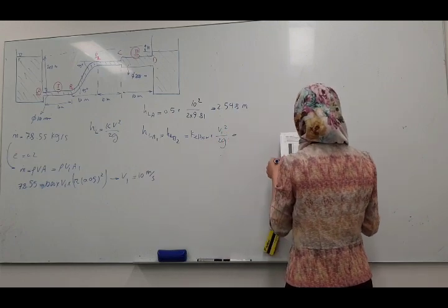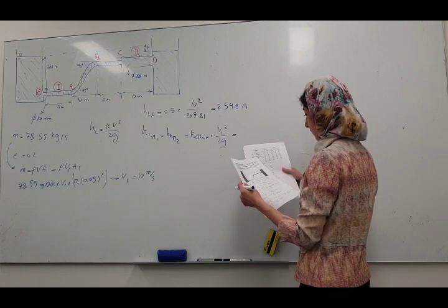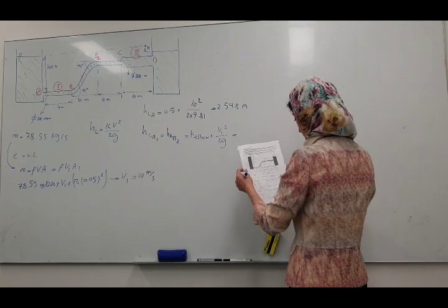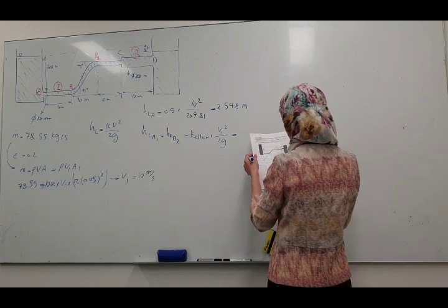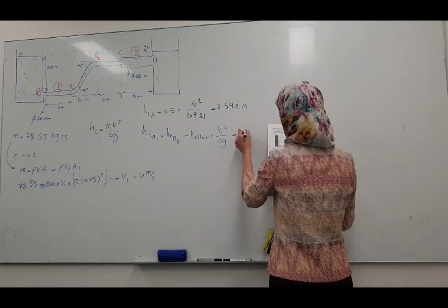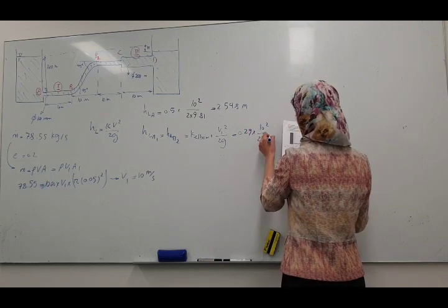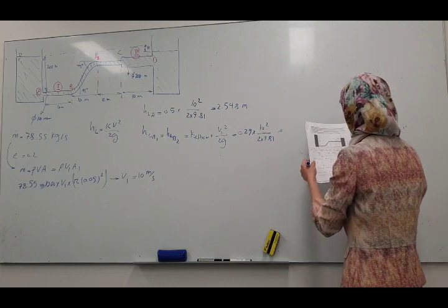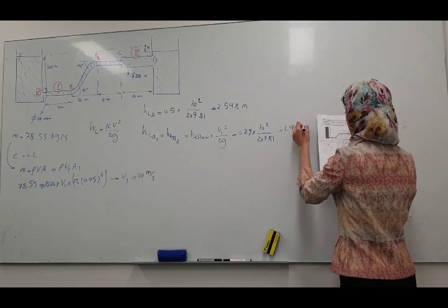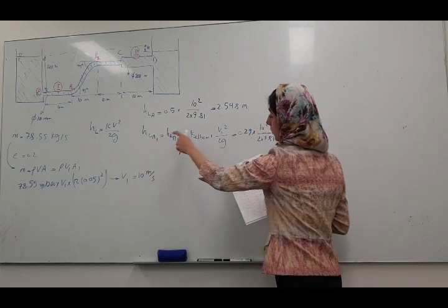If you look at this table, for the type of fitting you have values depending on the diameter. The K factor for the elbow is about 0.29. Times 10 squared divided by 9.81, and the value will be about 1.478 meters. Just keep in mind we have two elbows, and at the end we need to consider both of them.